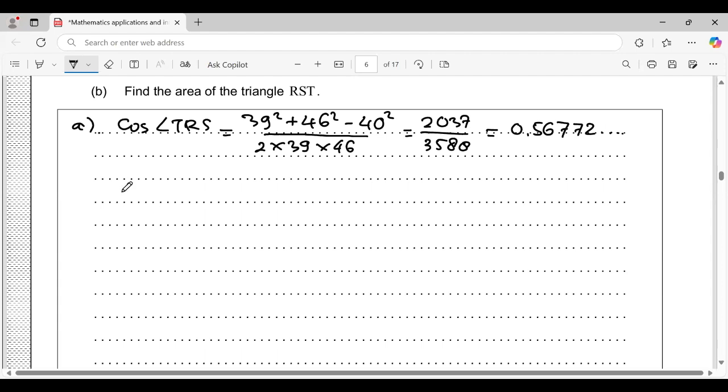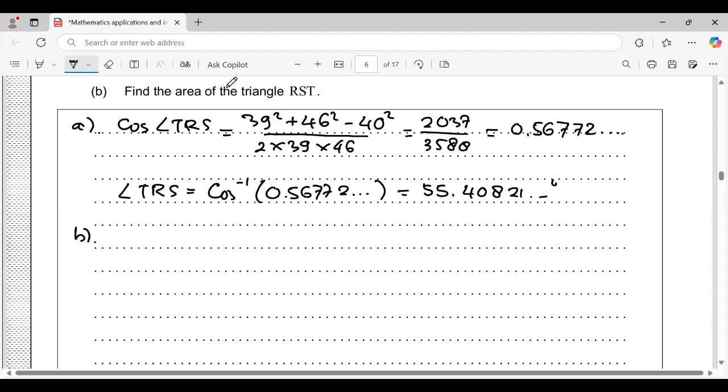So angle TRS equals arc cosine, or cosine to the power minus 1, of 0.56772, and you find the solution 55.40821 degrees.